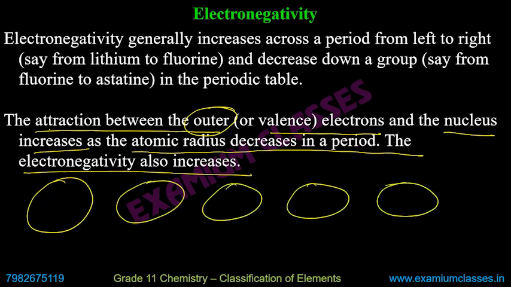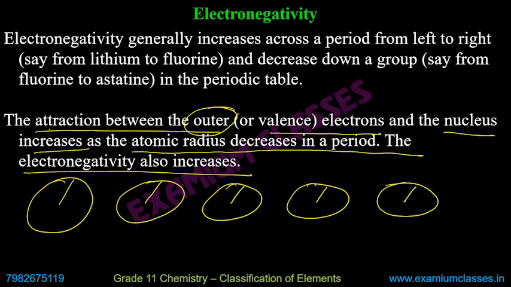Atomic radius decreases, and the electronegativity increases. What is electronegativity? It is the tendency to attract the electron pair towards itself.